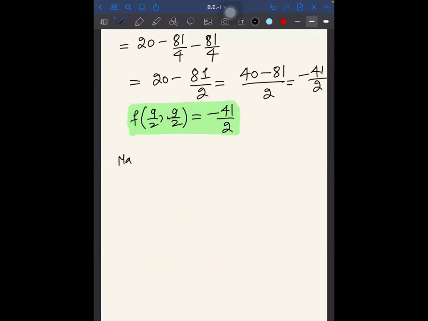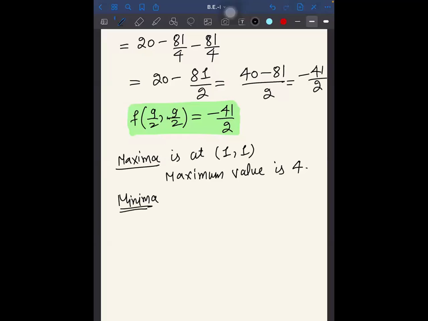Your maxima is at (1, 1), and the maximum value is 4. And minima, what is your minima? Minima is at 2 points, (9, 0) and (0, 9), and the minimum value is minus 61.